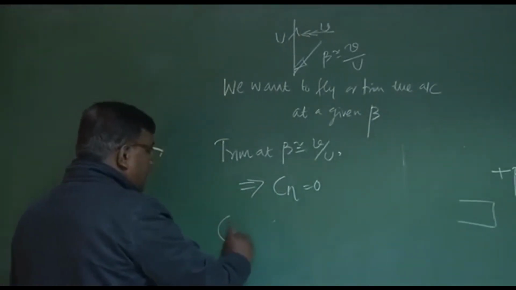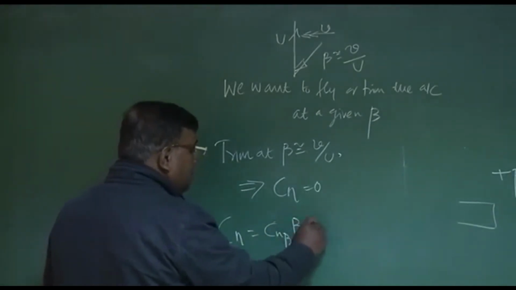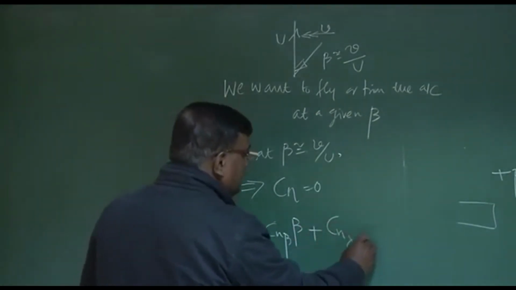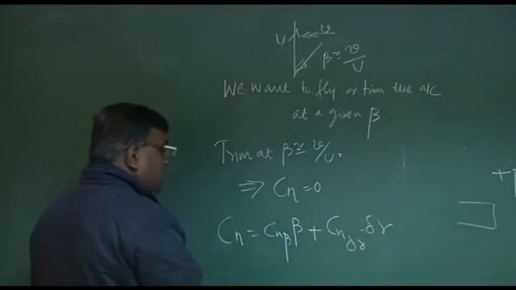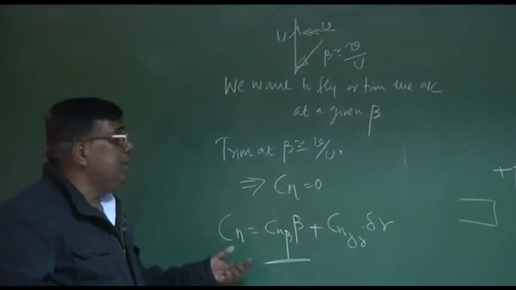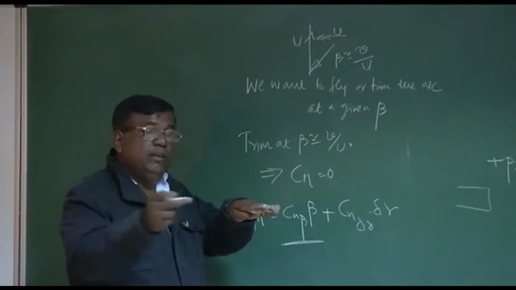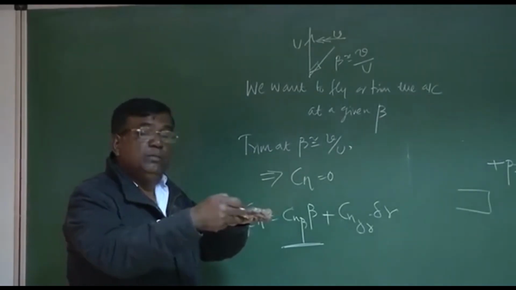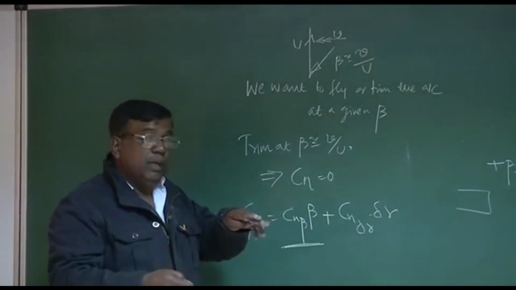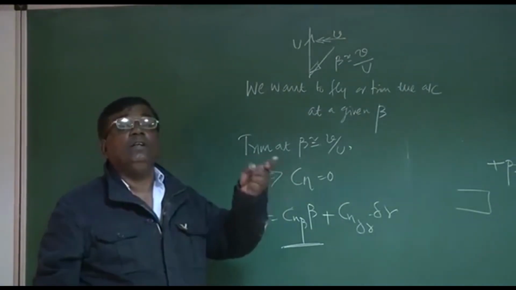So now we know Cn I can write as Cn beta into beta and Cn delta R into delta R. Please understand, what is Cn beta into beta? It is coming from the fact that this airplane is statically stable. So if I'm flying like this, if there is a wind coming like this, which gives me beta, because of the static stability nature, it will tend to turn. I don't want it to turn.